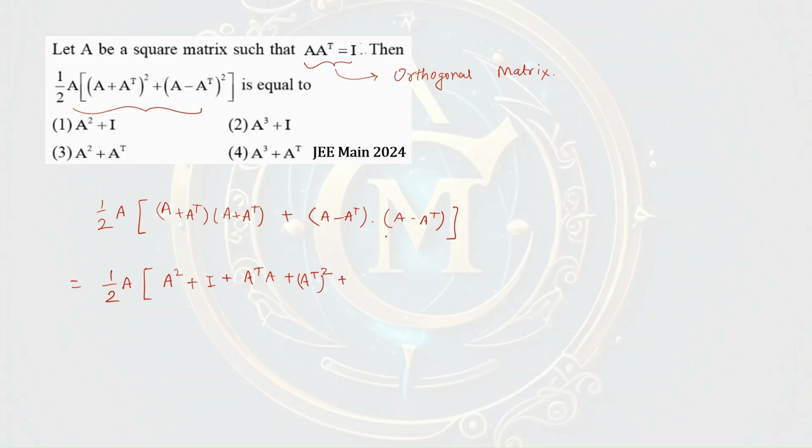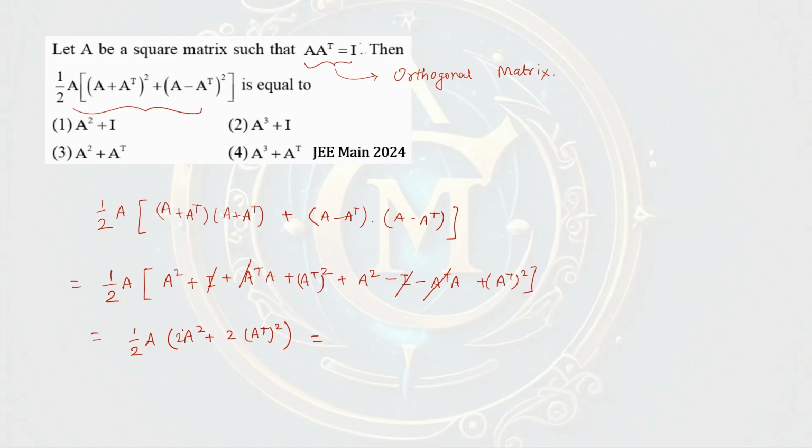Plus you can similarly multiply these two. It becomes A square minus I minus A transpose A plus A transpose square. So here these two get cancelled. These two also get cancelled. So we are left with half times A square plus A square, so 2A square plus 2A transpose square.